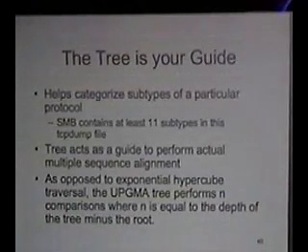So gaps aren't inserted into errant places. As opposed to the exponential hypercube traversal, UPGMA performs n comparisons, where n is equal to the depth of the tree minus the root. So that's very feasible for us. We can actually align sequences in our lifetime, which is very helpful, I think.